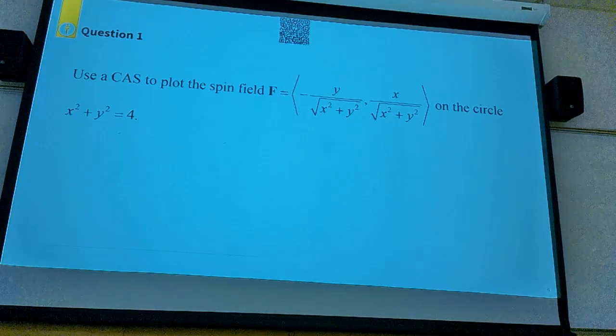Ultimately, a vector field is just a multivariate vector value function.